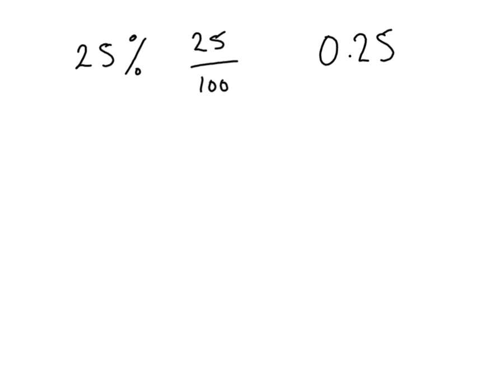To simplify our fraction, in this case we can divide by 5, which would give us 5 out of 20, and we can divide by 5 again, which will give us 1/4.